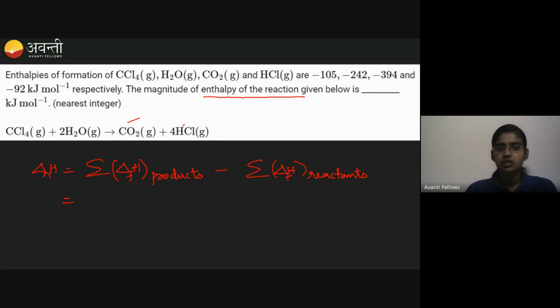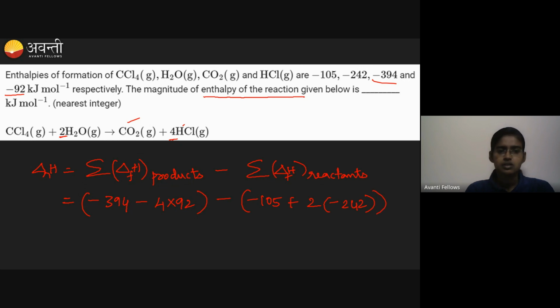Products are carbon dioxide and HCl. So the carbon dioxide is minus 394 and we have 4 HCl. The value of HCl is minus 92, so multiply this by 4. Minus, for reactant, CCl4 it is minus 105. Okay, and for H2O, 2 H2O are there, so plus 2 into minus 242.